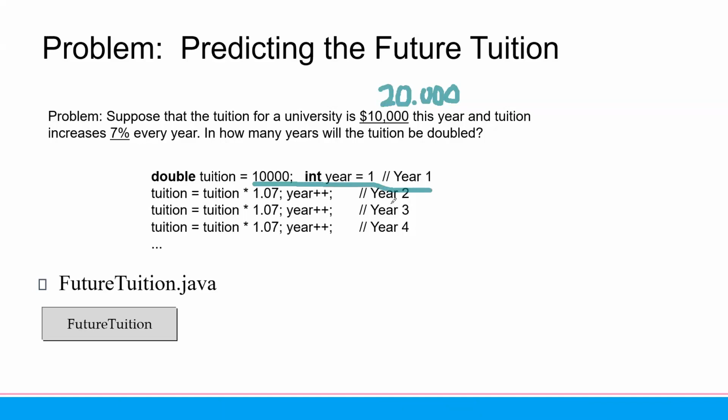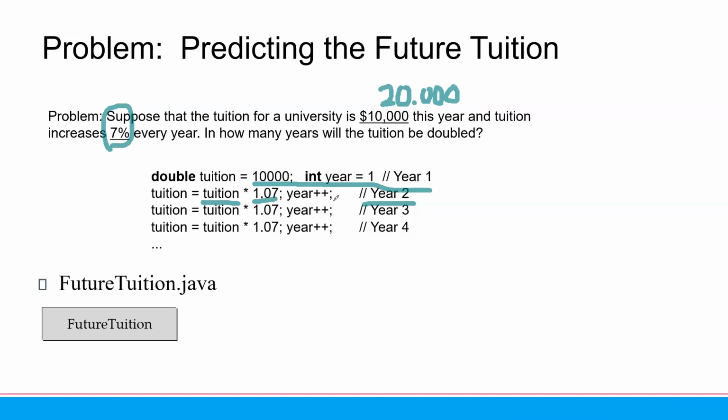What about in the year 2? In the year 2 is the tuition multiplied by 1.07. What does it mean? 7%. Of course, we will multiply with 1.07.